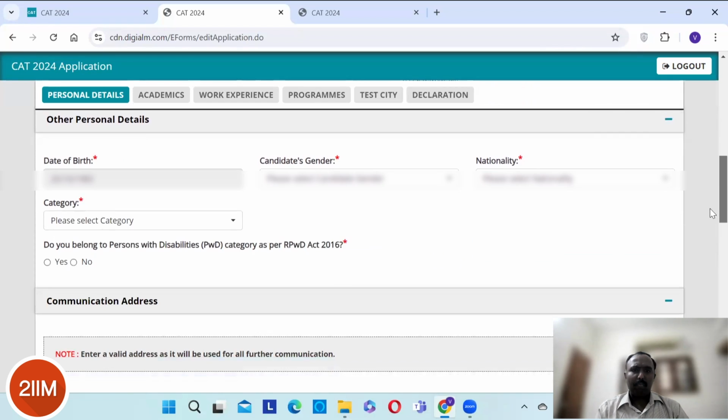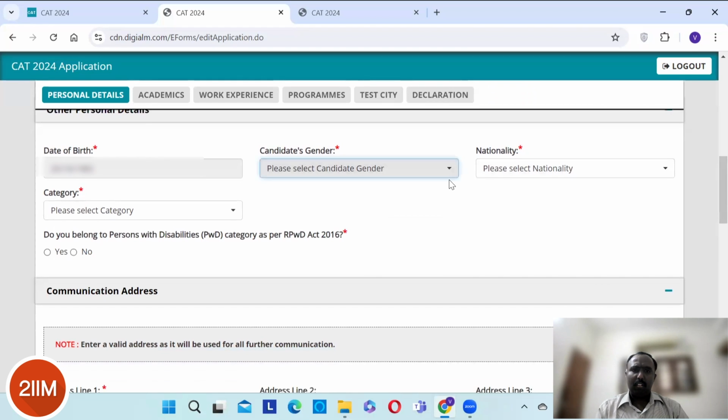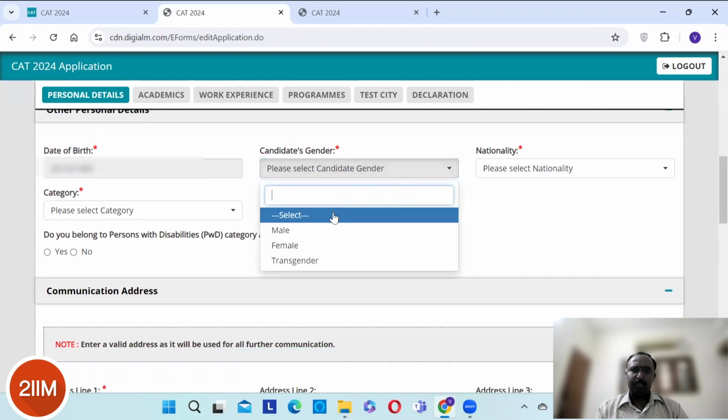My date of birth is already given. Gender.